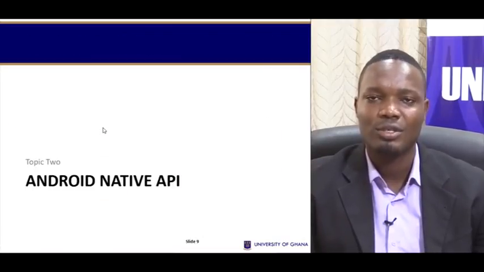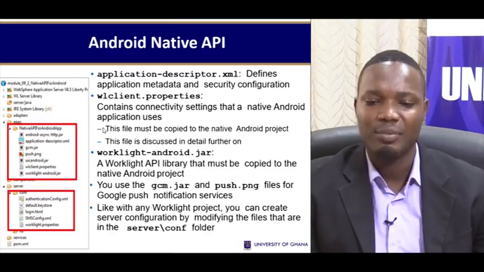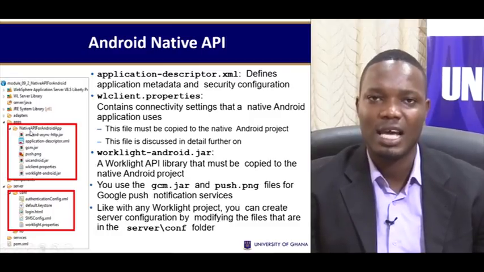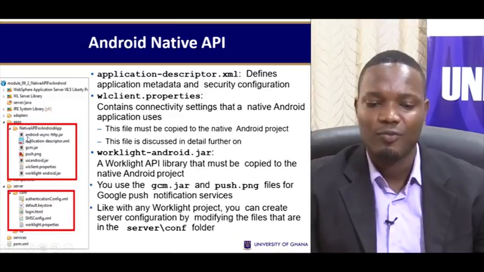Now we are going to look at how to do it for an Android application, so we'll look at the Android Native API. If we did that for an existing Android application, we would find that several things get added to our application.